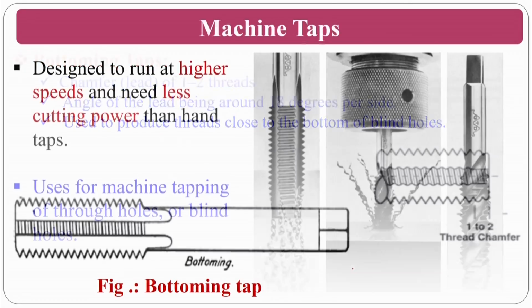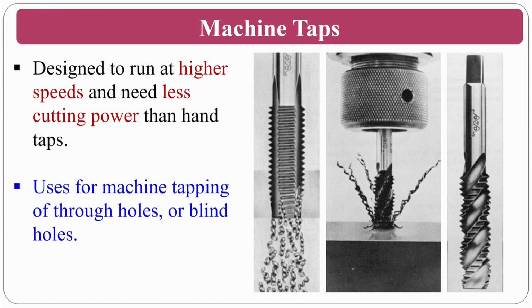Okay. You can also generate these threadings by machining. There you can hold the tap in the machine and use it. For that purpose, there are different types of taps. The 3 varieties we saw in the previous slides are the handheld ones. Here what you are seeing is machine held.